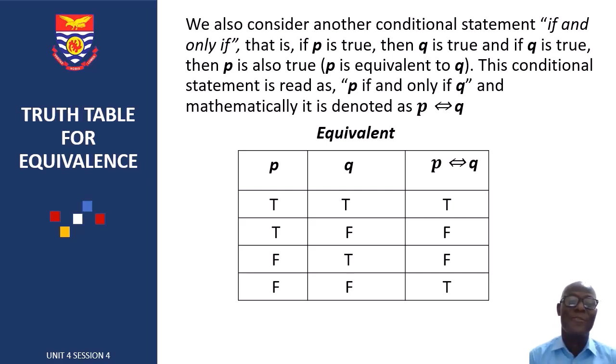But if P is false and Q is false, then the implication P implies Q is true, and also the converse, Q implies P, is also true. Hence, P is equivalent to Q, which is true.